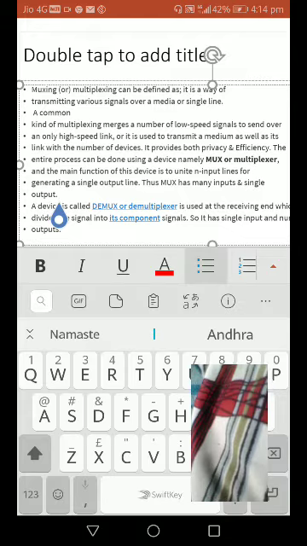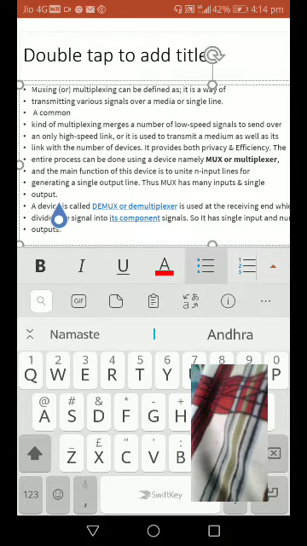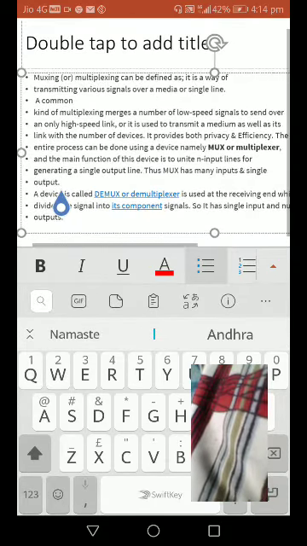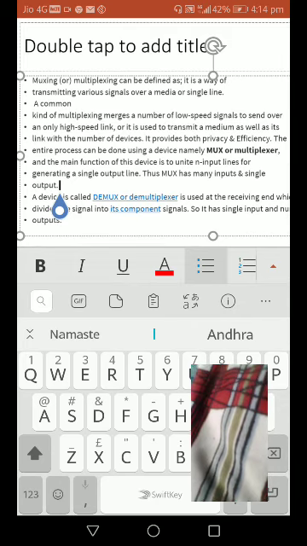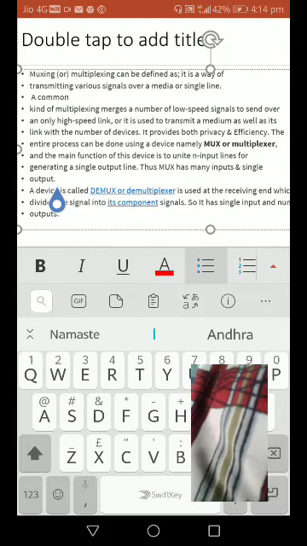High speed data links like OFC cables and wireless signals are used to transmit over a medium as well as its link, with a number of devices.